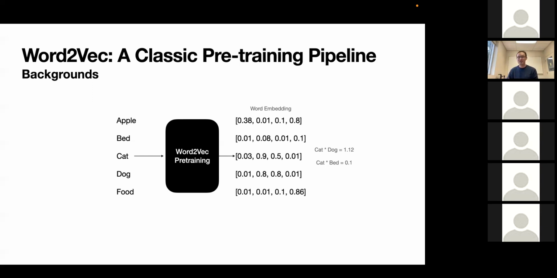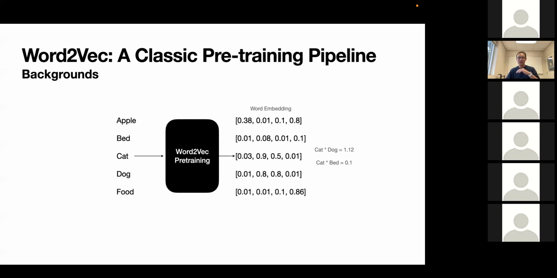Maybe you cannot see the meaning of each vector directly, but if we calculate the similarity between words like cat and dog, we find the similarity is 1.12, and the similarity of cat and bad is just 0.1. So this can be a very good representation of some properties of language.